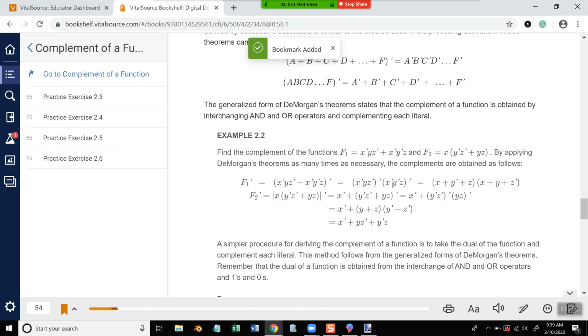Okay, so it says find the complements of these. So let's look at that.